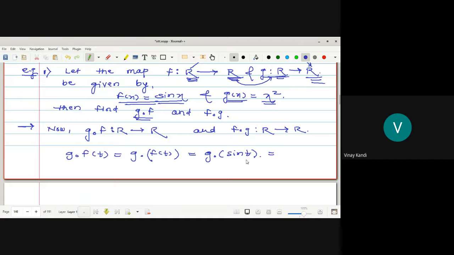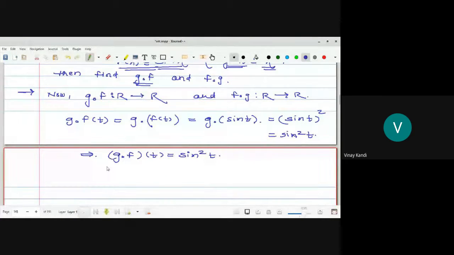We get (sin T) squared, which is sin square T. So g of f of T is equal to sin square T.